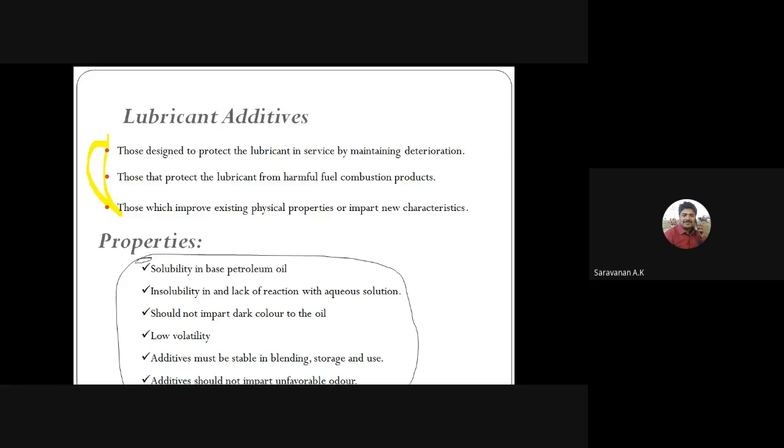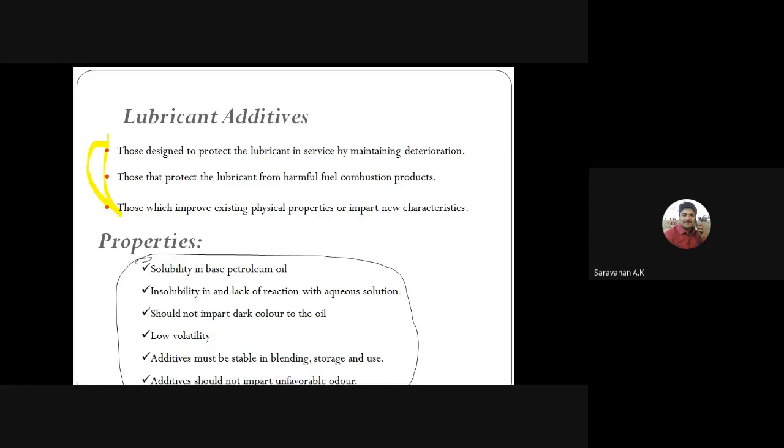And the second one is the detergents. For the cleanliness of the lubricated surfaces, we can get cleaning from the detergents. Then the rust: it will eliminate the rusting, and the presence of water and moisture, so that we can avoid it.